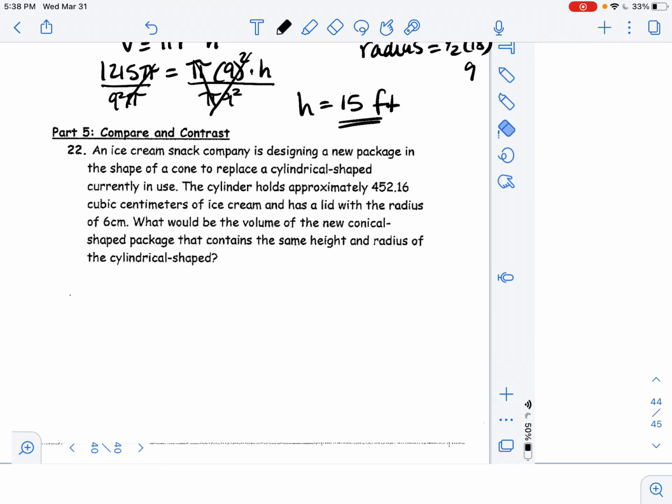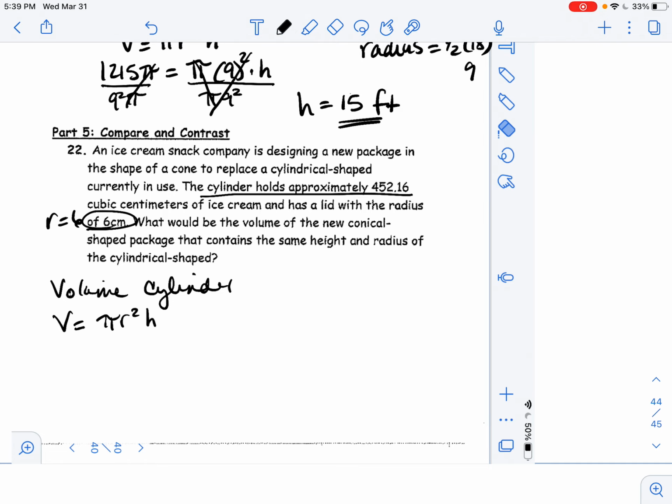22, we have an ice cream snack company designing a new package in the shape of a cone to replace a cylindrical shape currently in use. The cylinder holds approximately, okay, so the cylinder is 452 and has a lid with a radius of 6. So r is equal to 6. So volume of a cylinder is pi r squared times h.